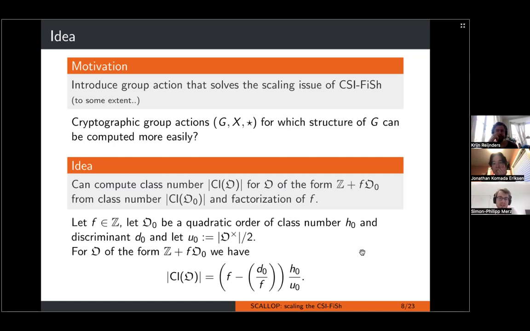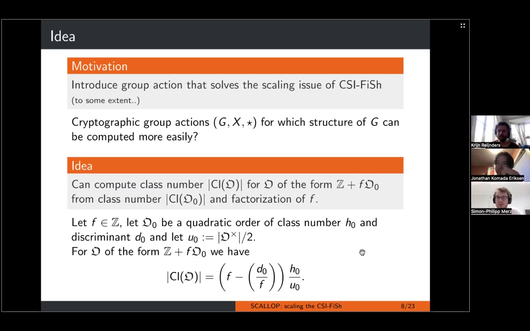Then we looked at one observation. If you have an imaginary quadratic order and you want to compute its class number, so that's the number of elements of this class group, then you can do it if the imaginary quadratic order is of a specific form.